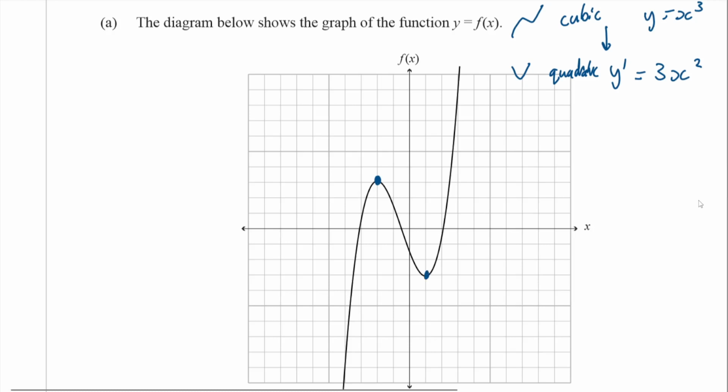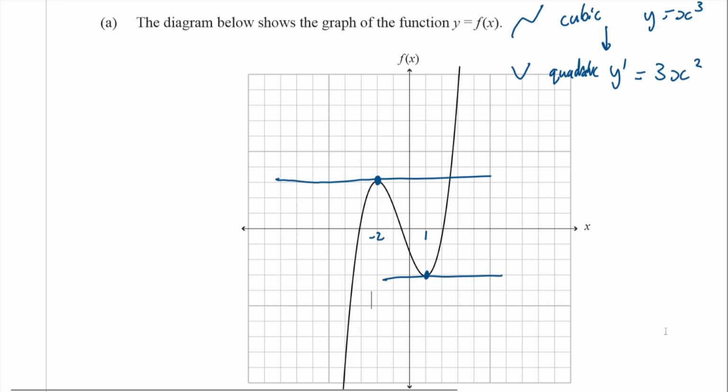So that's about at what, -2 and +1, if the scale is 1 for every grid. Now, what is the gradient at a turning point? So if we were to draw a tangent line at the turning points, they would be perfectly flat, right, horizontal, because the gradient at those points is equal to 0.